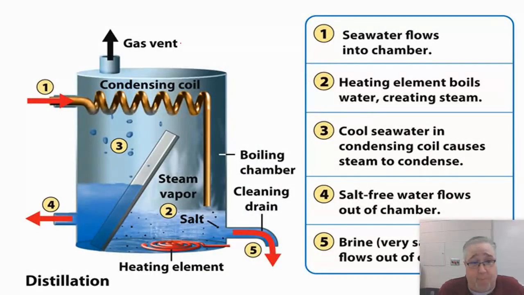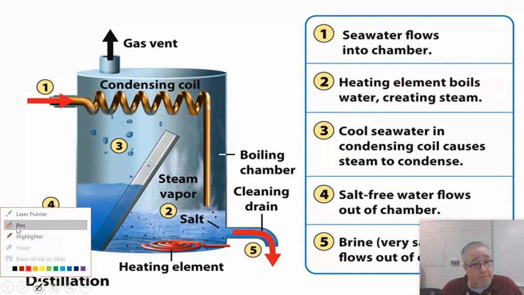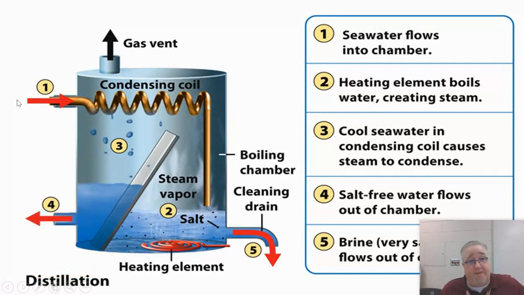And I just want to explain briefly what each one of these is. This is called distillation. This is a way to remove salt from water. Basically, what they have is an intake valve, where salt water will come in and flow into this chamber.